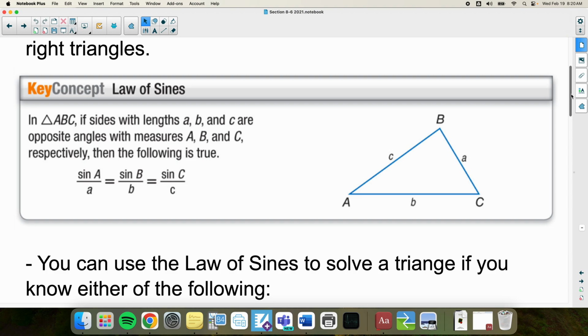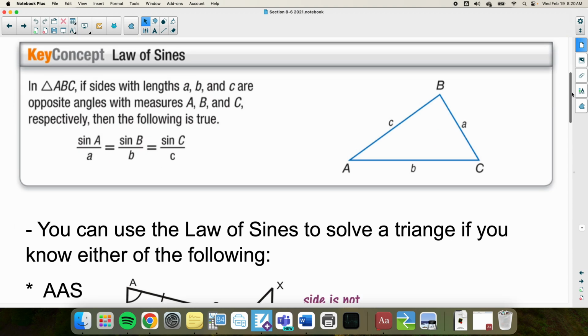The other thing we learned is sine is opposite over hypotenuse and cosine is adjacent over hypotenuse. Those you can't use also if you have a right triangle. So what I'm going to teach you today is called law of sines, and that works for some of our triangles that are not right triangles. And then also we have some that are not right triangles that we have to use law of cosines for, and that's what we're learning the next 3 days after today.